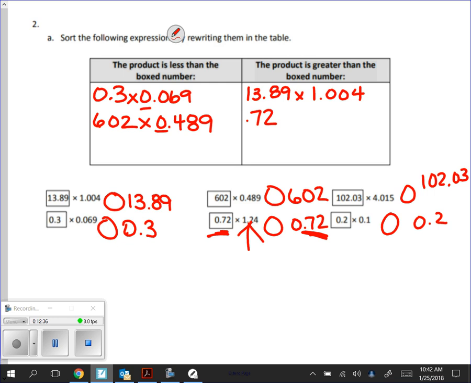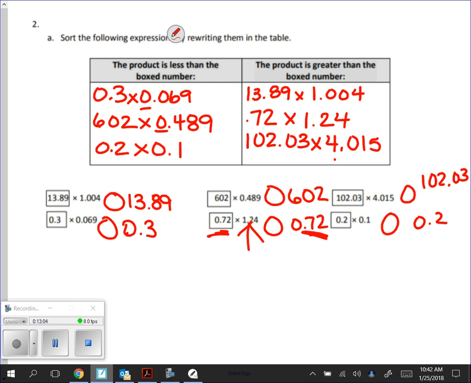You're multiplying it by that, so your number is going to get larger. 102 and 3 hundredths times 4 and 15 thousandths. 4 is decidedly larger than 1. 2/10 times 1/10. 1/10 is a good bit less than 1. So you should have 3 things on this side, 3 things on that side.